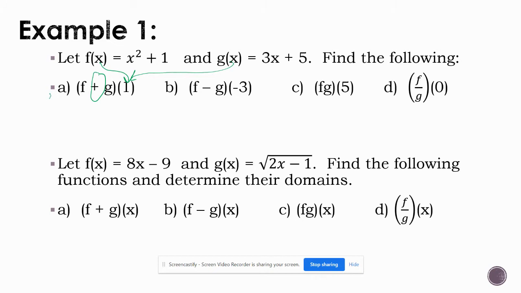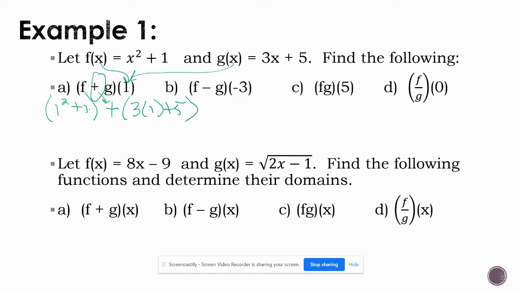So we can do 1 squared plus 1 for f plus 3 times 1 plus 5 for g, and then do our order of operations and find our answer.